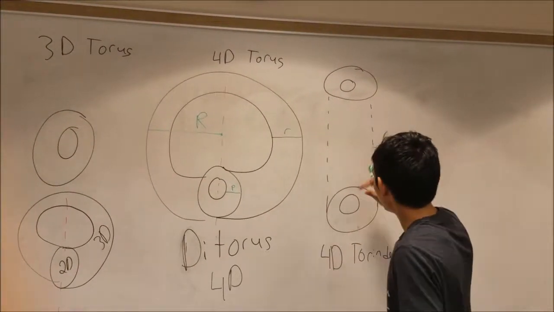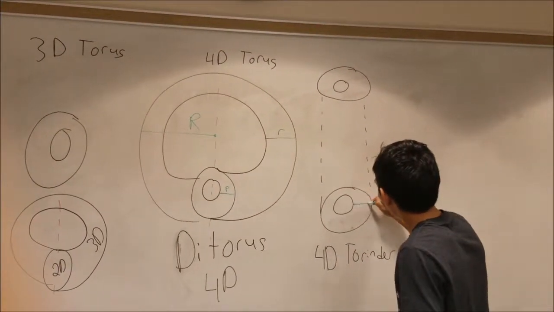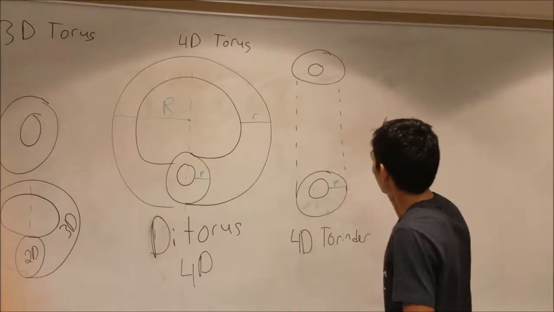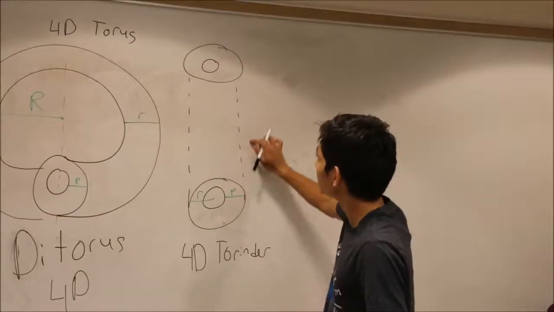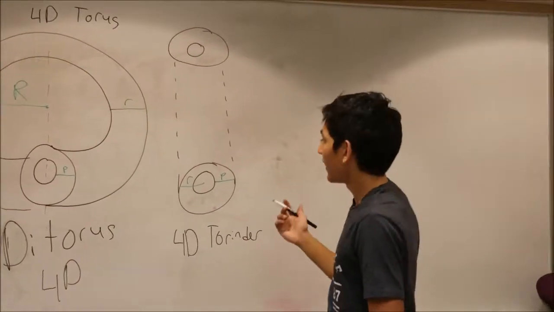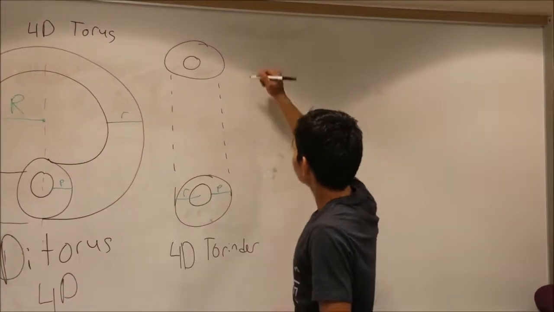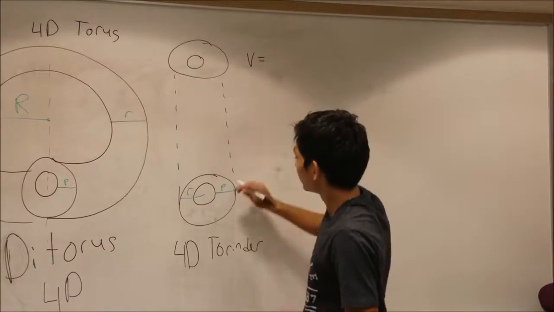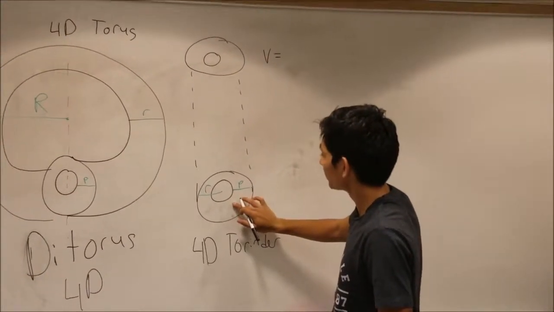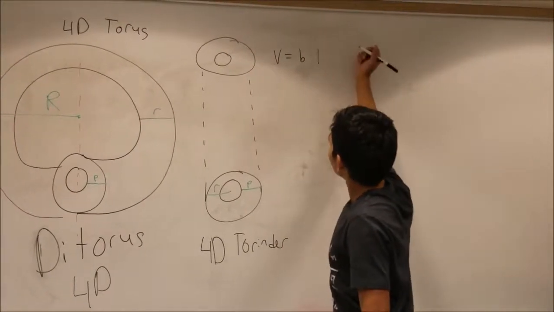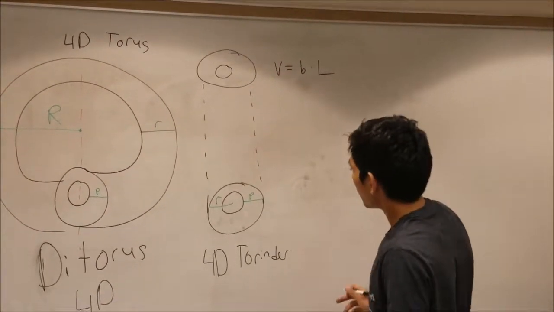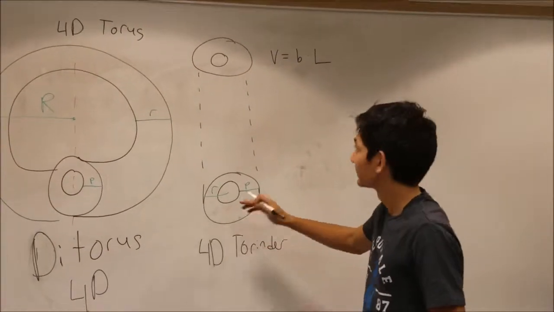So now we know that we want to figure out what the volume of this 4D torrender is. So this is essentially a 4D prism. And if you remember with the cylinder, a prism's volume will be equal to the volume of the base times the length. So we already know what the volume of the torrender is.